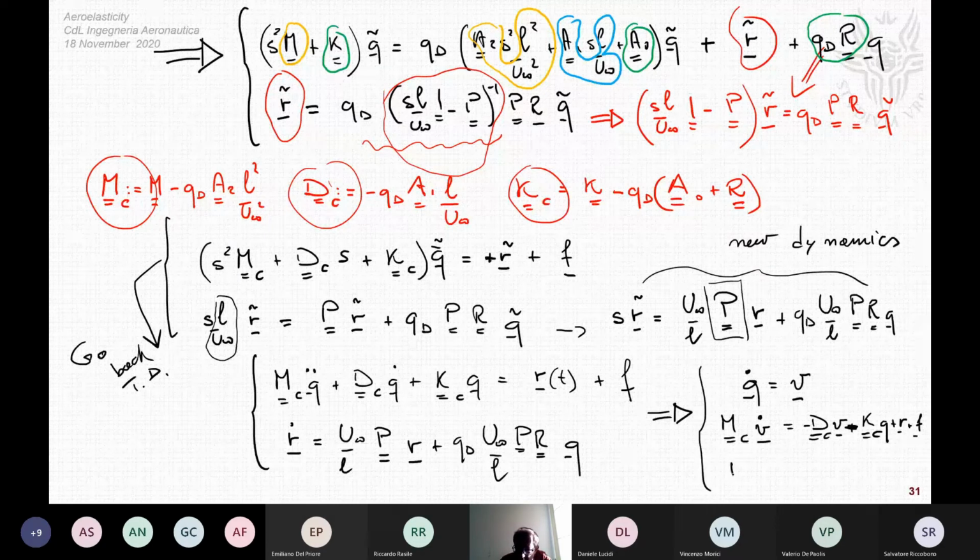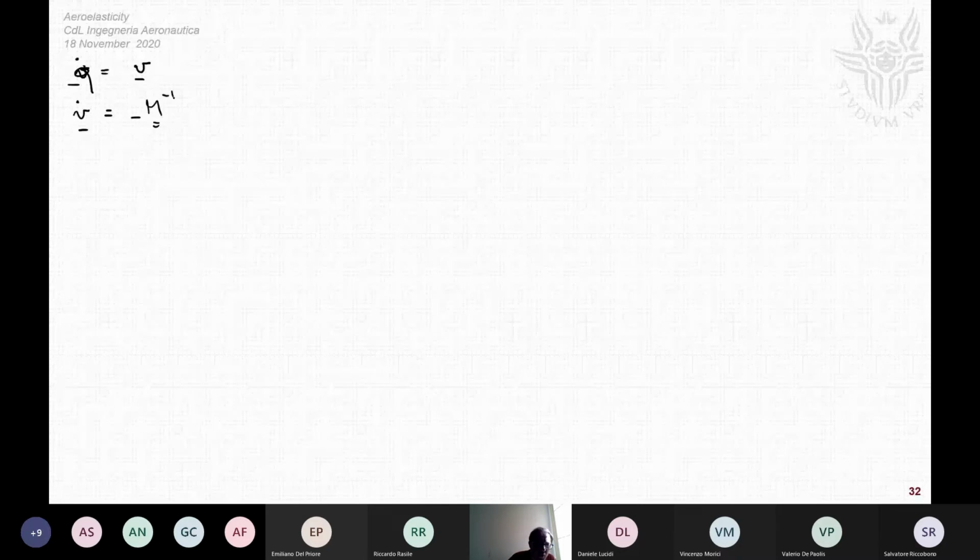And the last equation is R dot equal to U infinite L P R plus Q_D U L P R Q. So, very close to the final result, we have Q dot equal to V, and then we have V dot equal to minus M^-1.